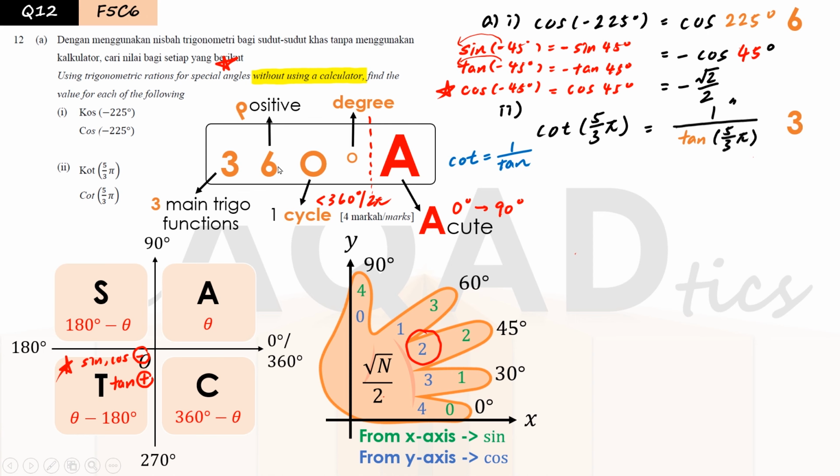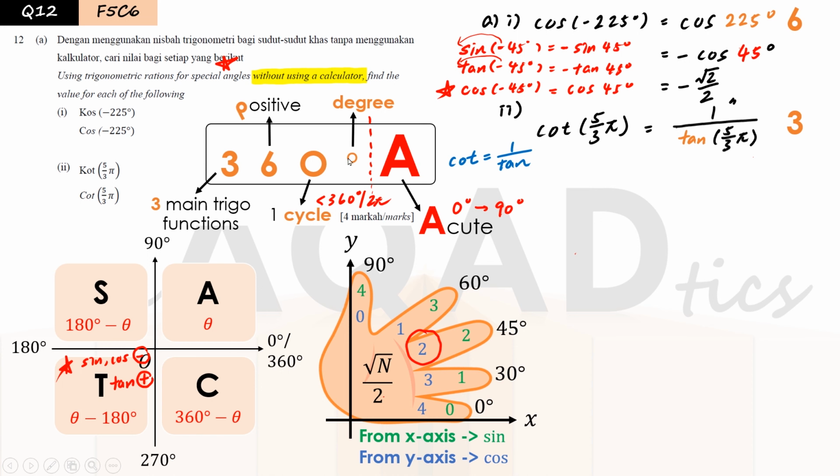Let's go to the second criterion, which is the 6, which is P, which means positive. The angle here is positive, so we have satisfied the second criterion. Now we can go to the third one, which is the 0 here, which means 1 cycle, which means the angle must be less than 2 pi, which we also see here. It is less than 2 pi, so we satisfied the third criterion.